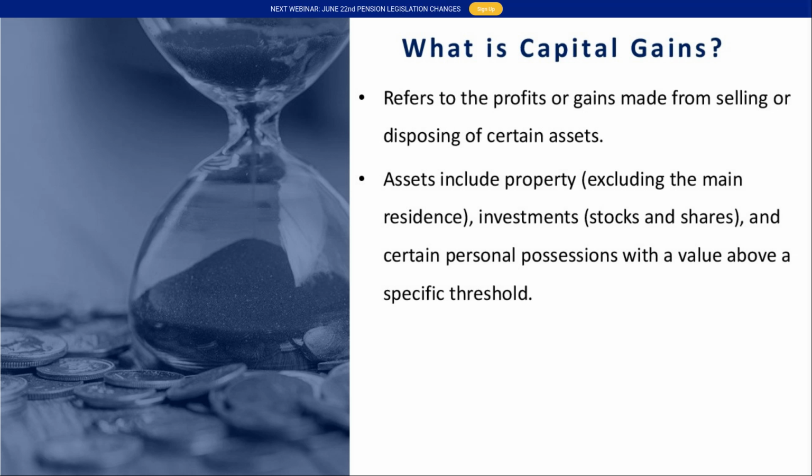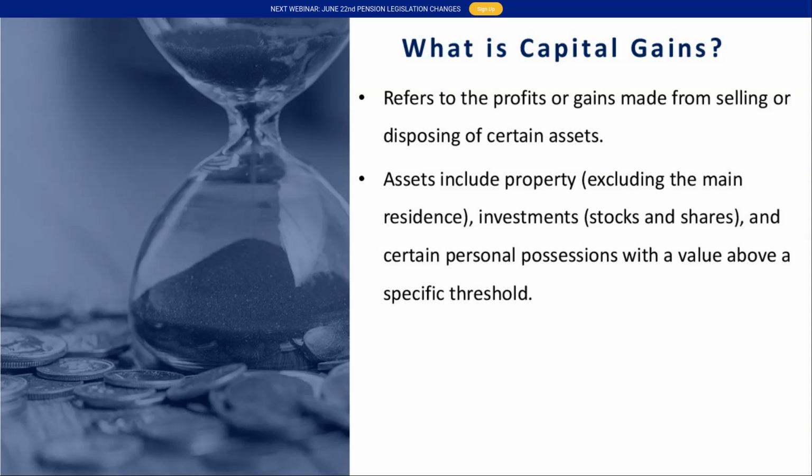So first things first, what is capital gains tax? Capital gains tax just refers to the profits or gains made from selling or disposing of certain assets. Those assets, as you can see there, include property, investments, and certain personal possessions with a value above a specific threshold.